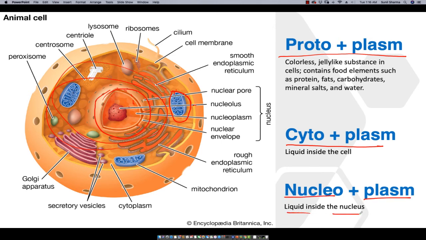And that's the liquid inside the nucleus. And cyto is the liquid inside the cell. So there are two boundaries, you might say. There's the first boundary and a second boundary. The first boundary is what we call cytoplasm. Then our second boundary of protoplasm is called nucleoplasm.